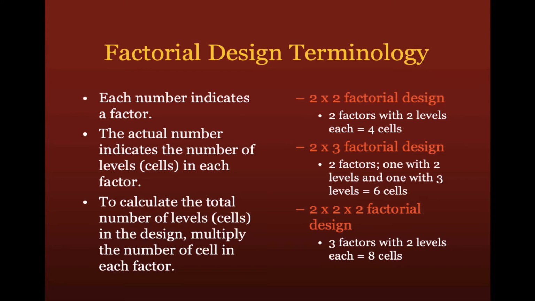The next bit of terminology I need you to understand is that oftentimes in a results section, you'll see something like, we ran a 2x2 factorial design. I want you to understand what that's telling you as the reader. It's telling you that you have two factors, factor 1 and factor 2.